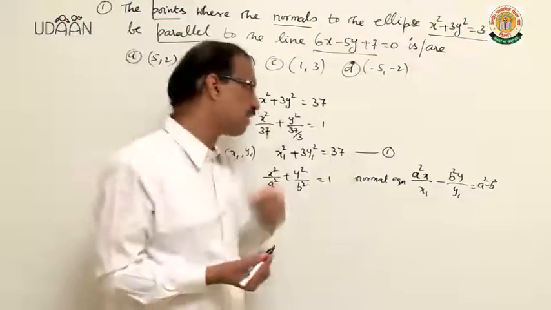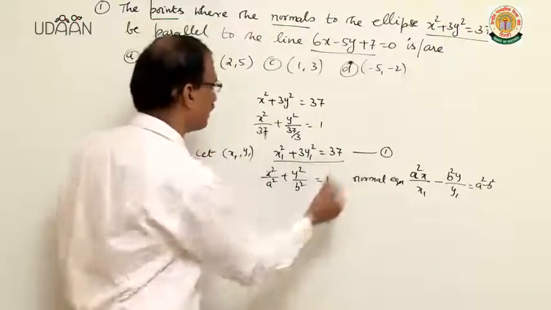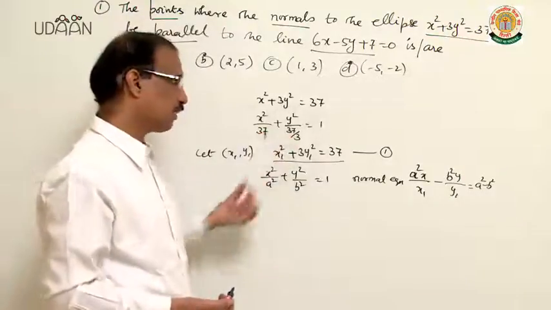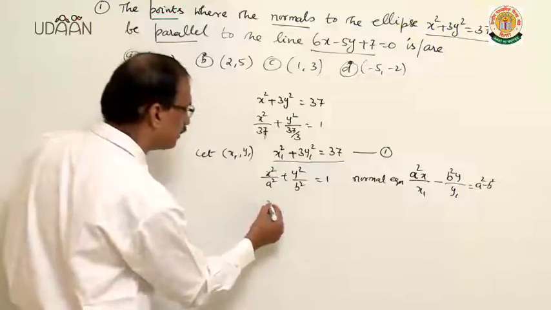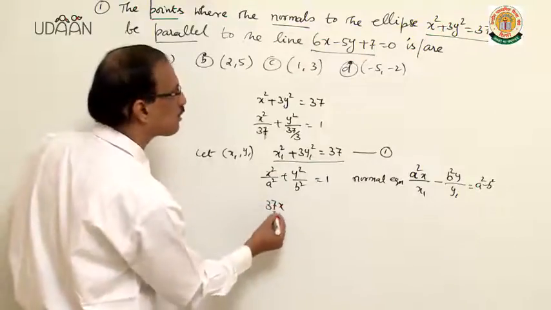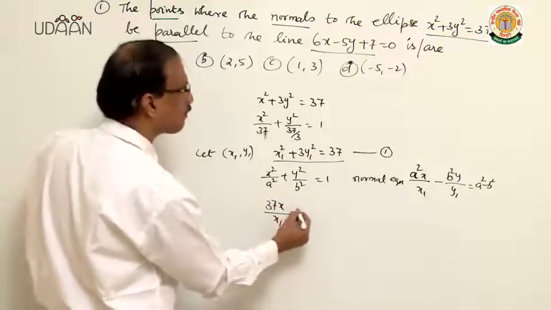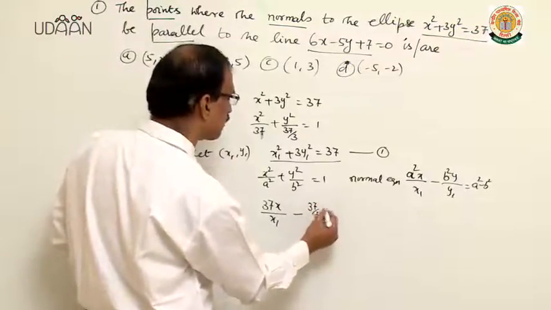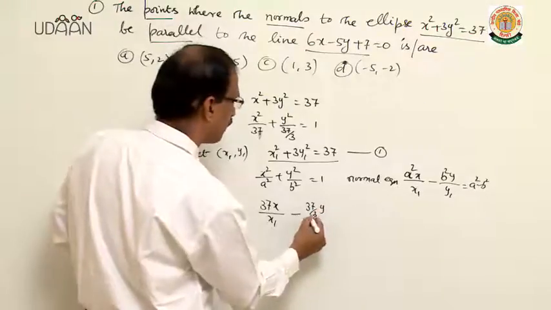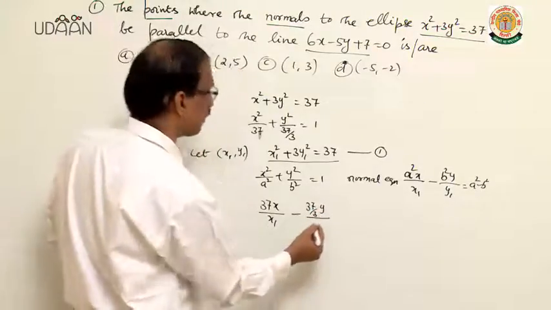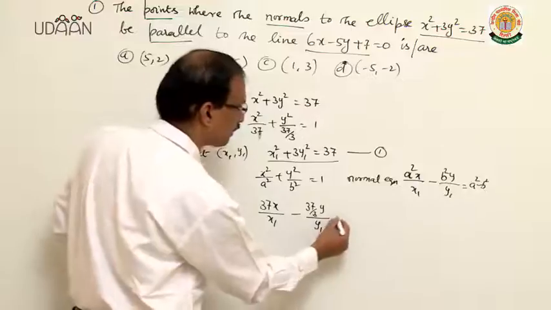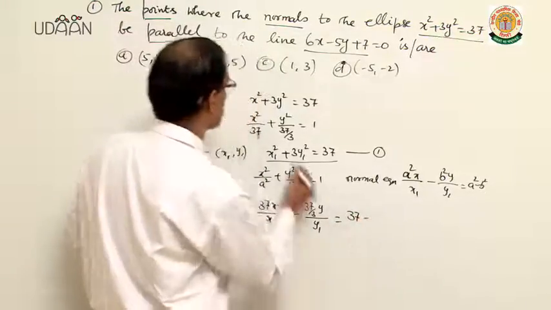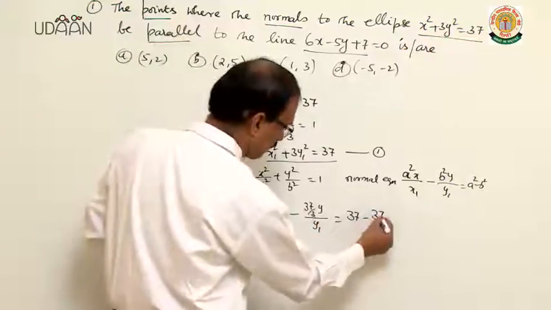Now replace this here. Here the curve is changed. It is not your x square by a square; you have this curve. So according to that, if you write it, 37x upon x1 minus 37 by 3, that is b square, into y upon y1 equals a square, that is 37, minus b square, that is 37 by 3.